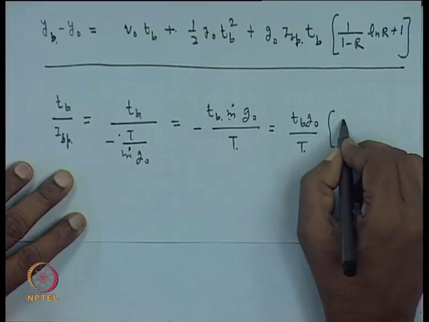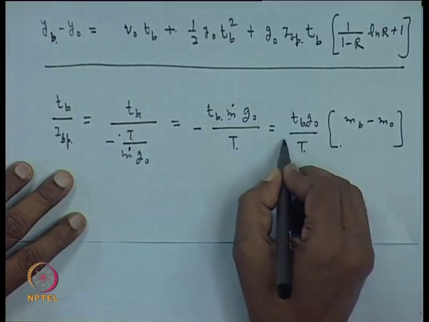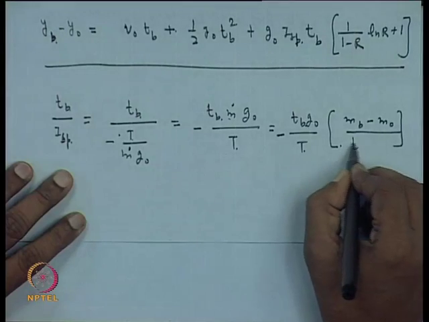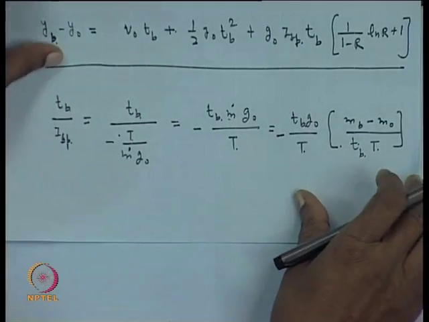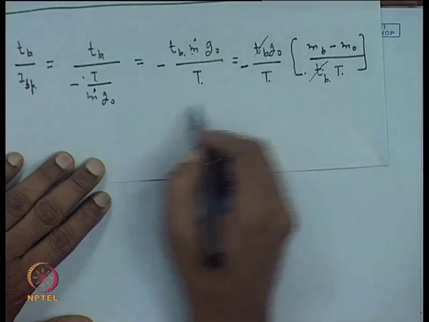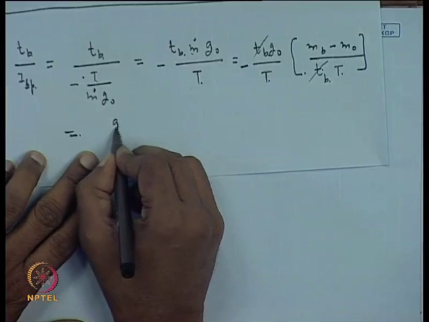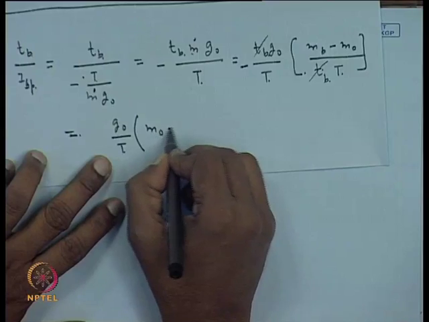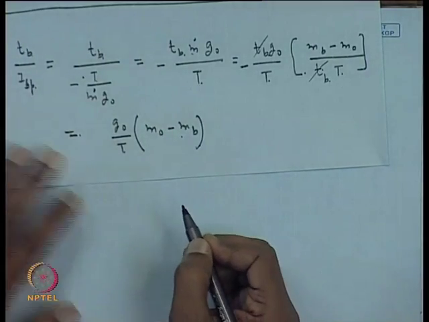Now, m dot can be written as m b minus m 0, minus sign here, divided by T burnout. So, this T b and this T b will cancel out, leaving us with z 0 by T, and this we can write as m 0 minus m b, minus sign we have absorbed inside.